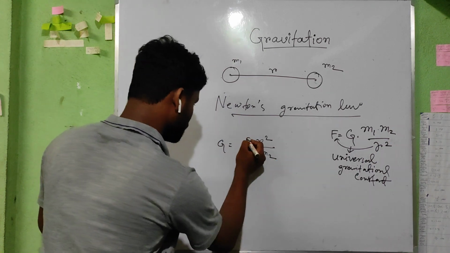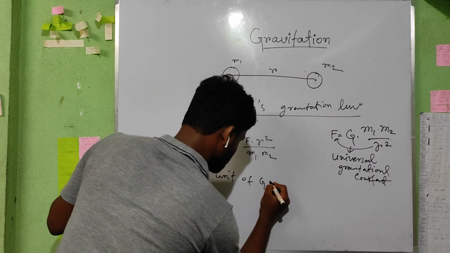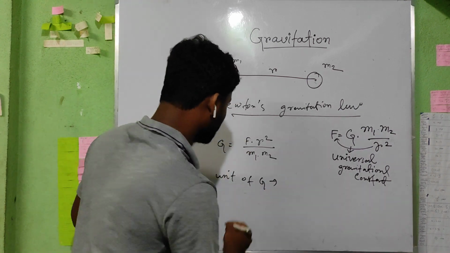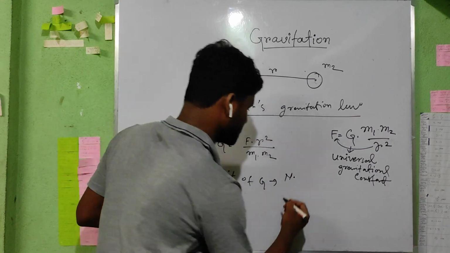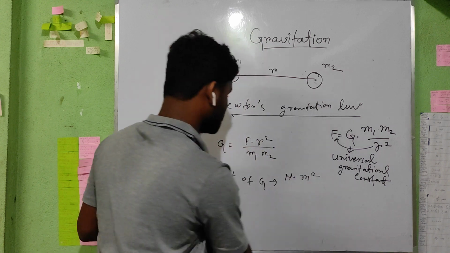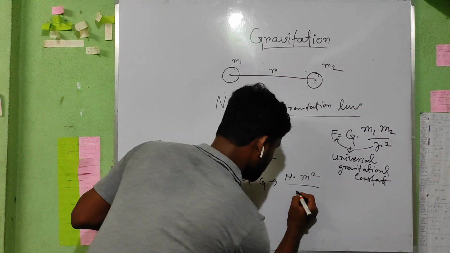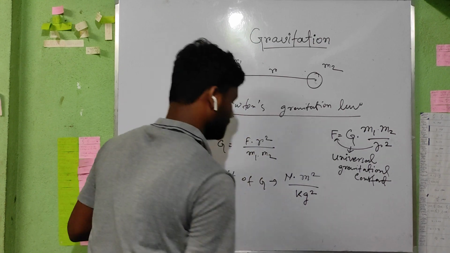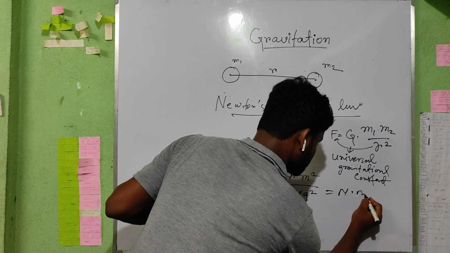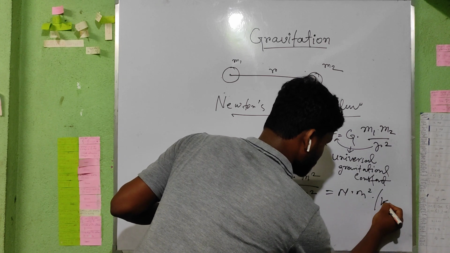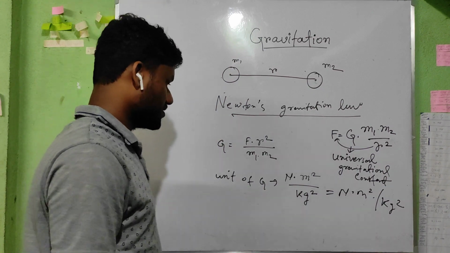We know the unit of force is Newton, the unit of distance r is meter, so meter square, and the unit of mass is kilogram in SI unit, so kilogram square. So we'll find it is Newton meter square into 1 by kilogram square. So this is the unit.